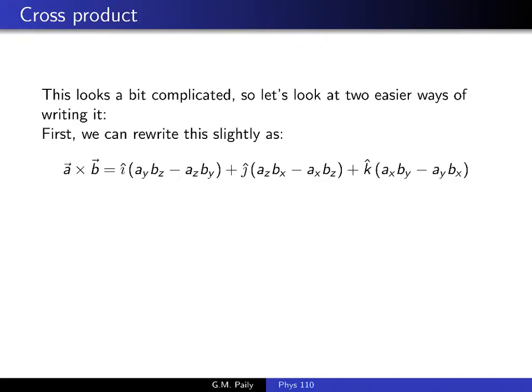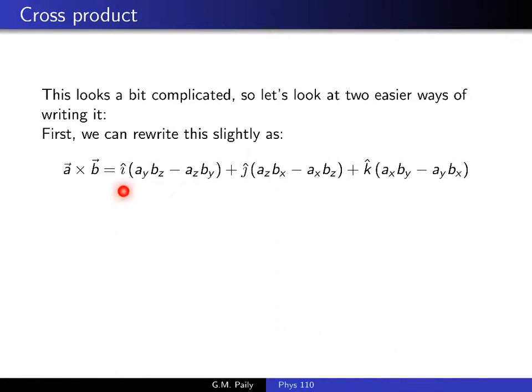One way is to simply rewrite it by moving the unit vectors to the front. Why does that make it easier? Well, let's look at the first term. That is i hat ay bz.